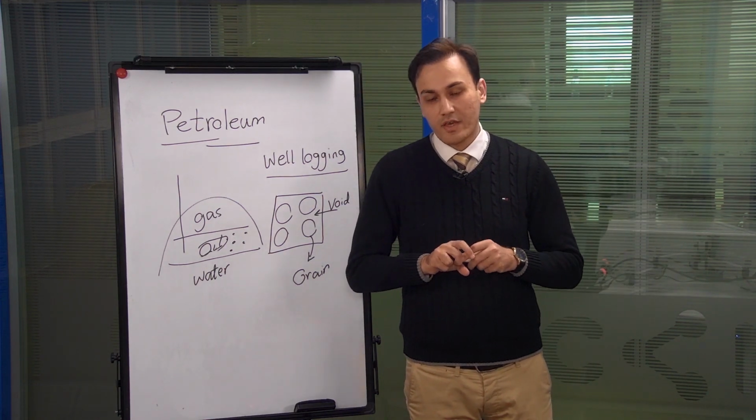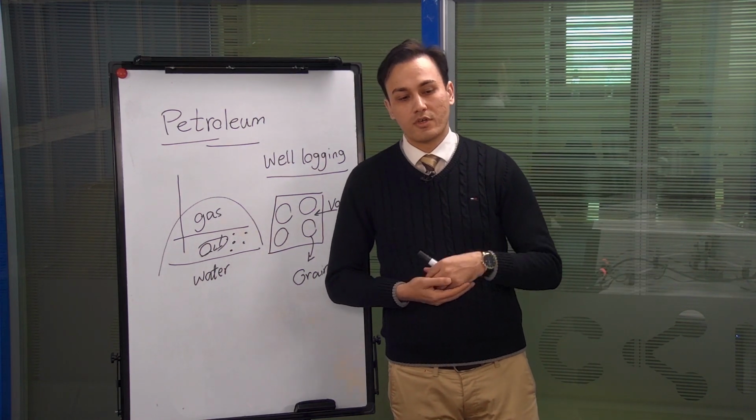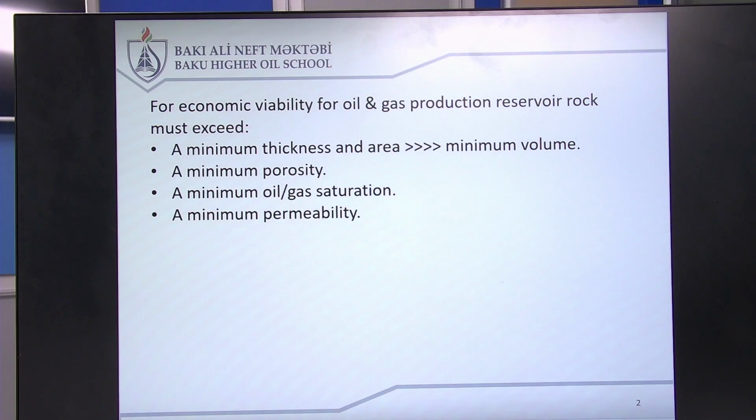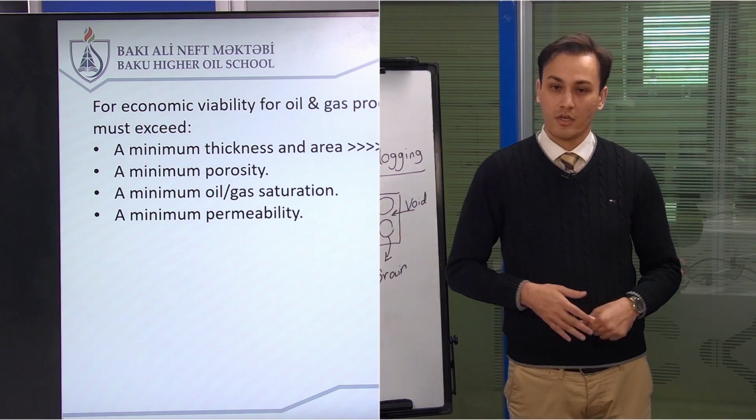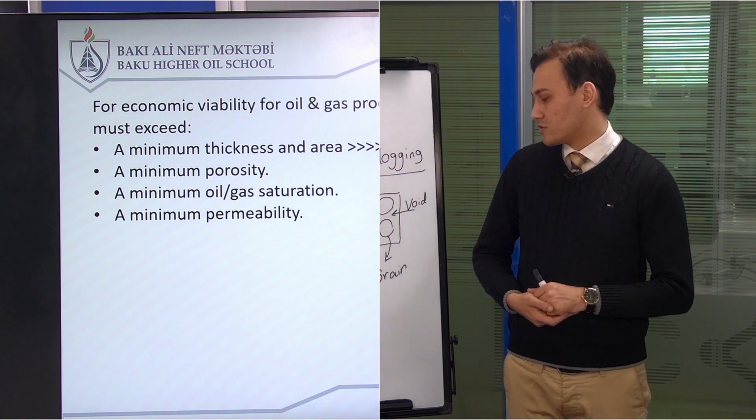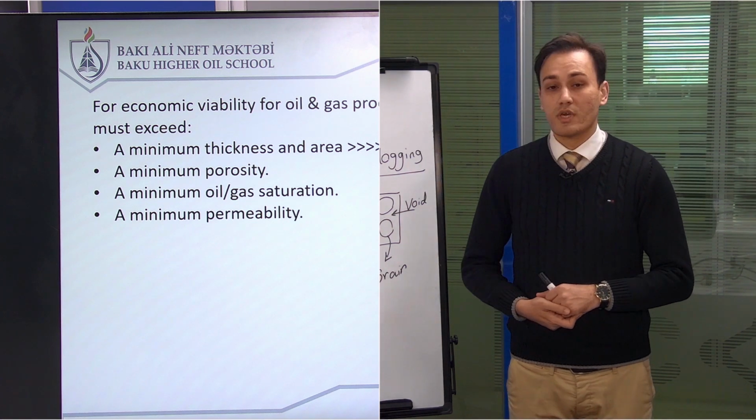So in order to have an oil and gas reservoir, we need to have some value for this void space. We need to have a minimum value for this void space, referred to as minimum porosity. We need to have a certain amount of these hydrocarbons, referred to as saturation, and we need the rock to have the ability to transmit the fluid, which is referred to as permeability.